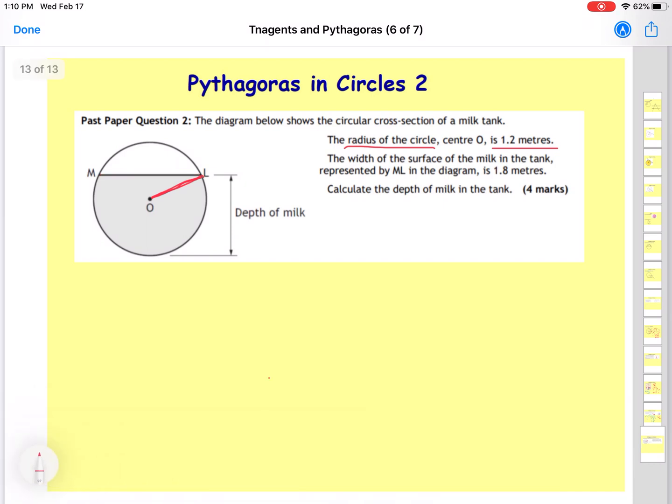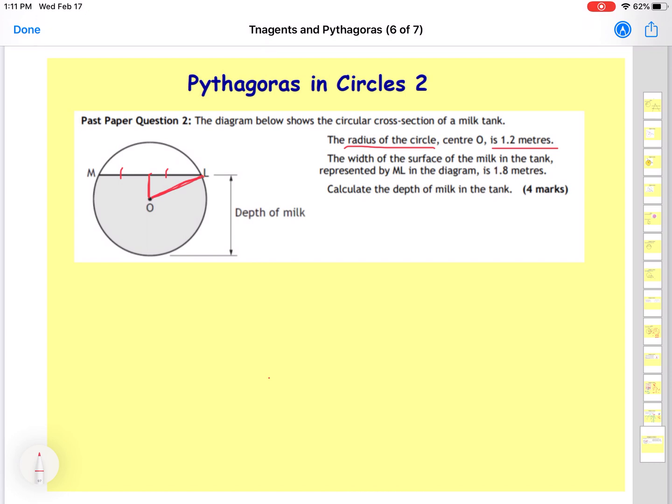Now, additionally to that, I am also going to need to create the triangle, and the triangle, more often than not, comes from the centre of the circle. The reason that I've put in that line there, going up the way, is because then I know that M and L are the same size.